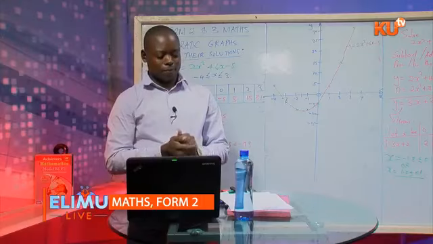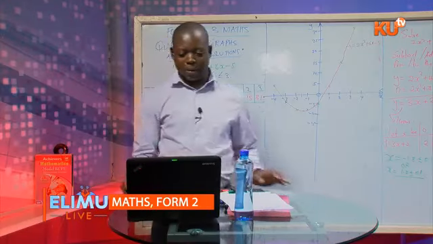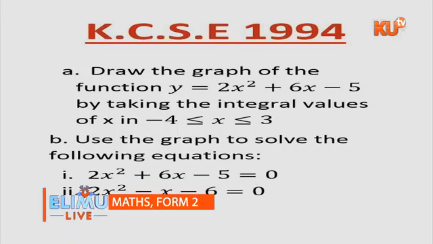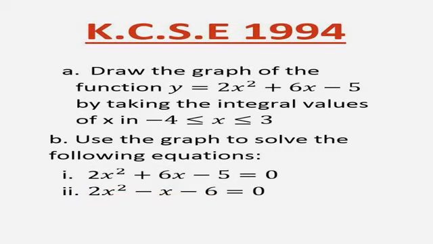We were told to draw the graph. We've drawn the graph. What is next? We are using the graph to solve. We are solving 2x squared plus 6x minus 5 is equals to 0, Roman 1.